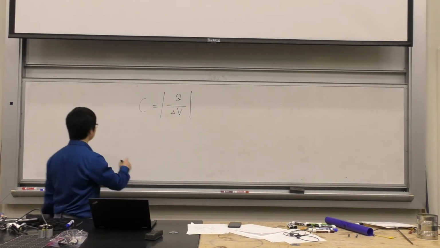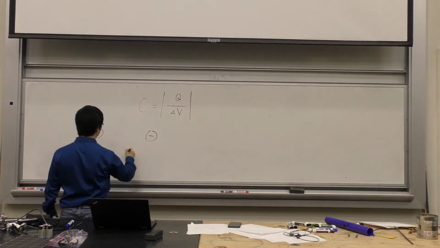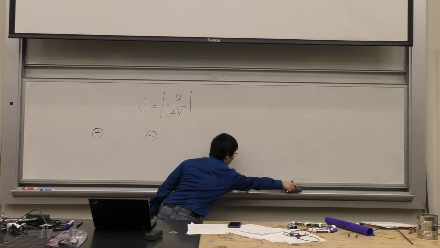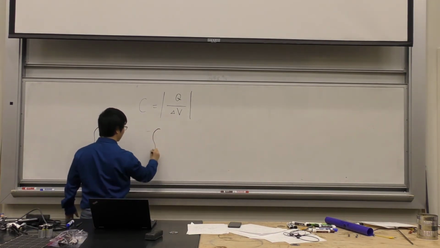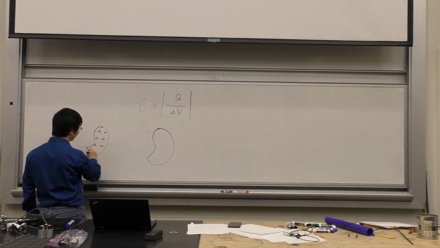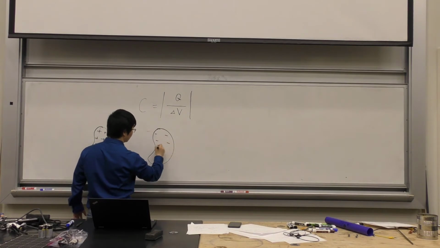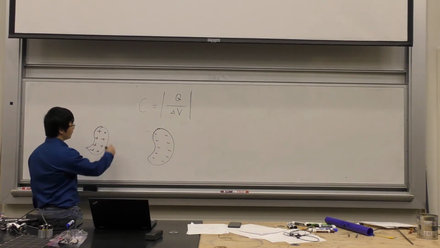Because if you have two conductors, this one positive, this one negative, note that it's two conductors, not two charges, and it doesn't have to be parallel plates. If there are these two conductors, there's always an electric field between them.